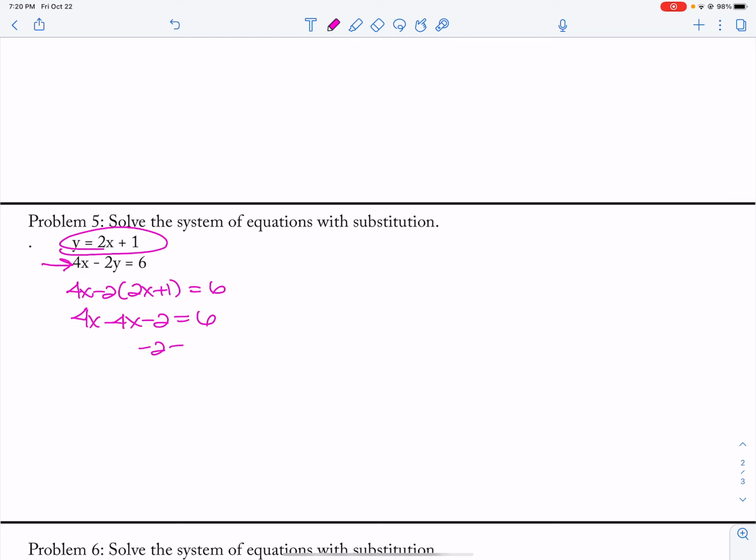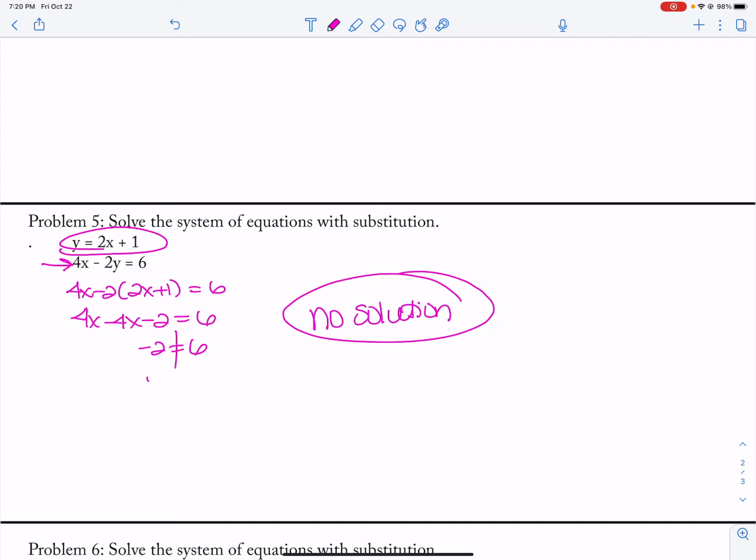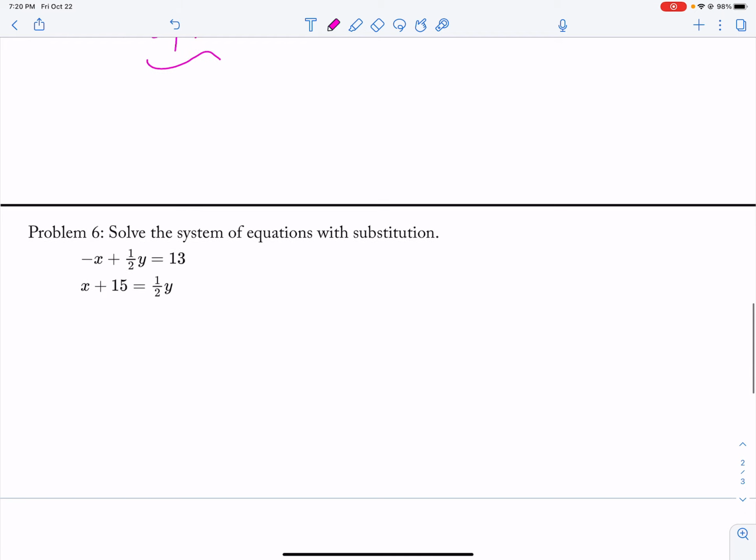So I get negative 2 is equal to 6, which is not true ever. So this is no solution. If I would have gotten that the numbers were actually equal, so that this was a true statement, then I would have had infinitely many solutions. Okay? All right, and that's it for this lesson.